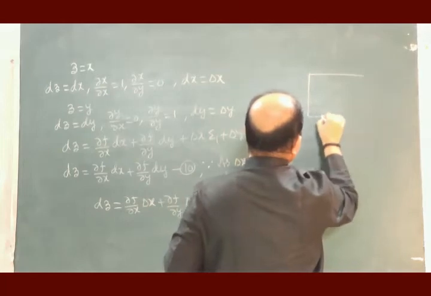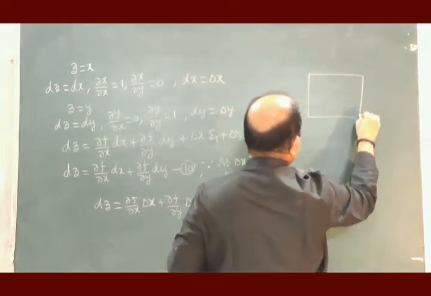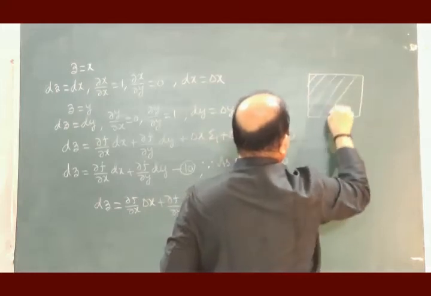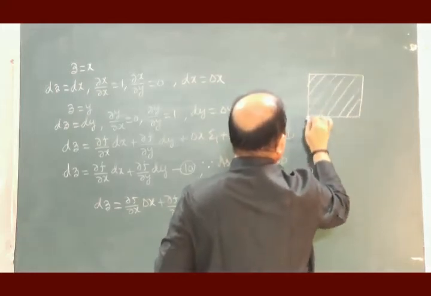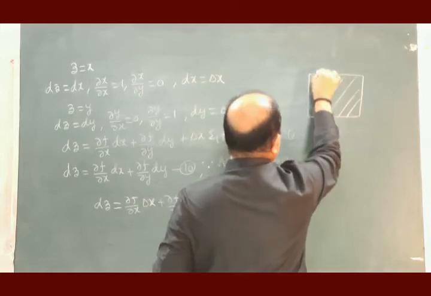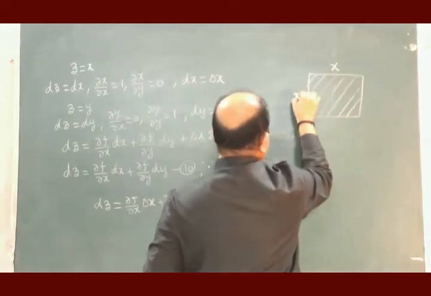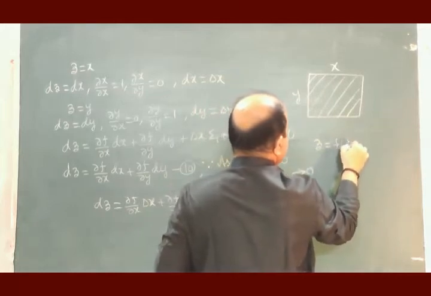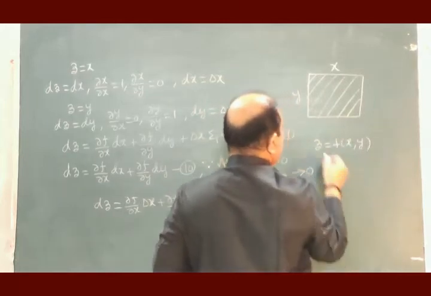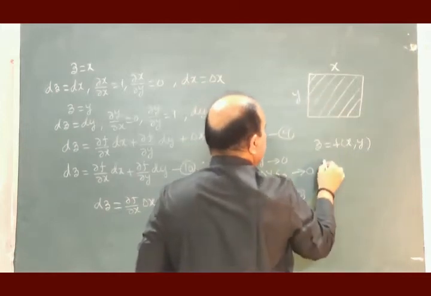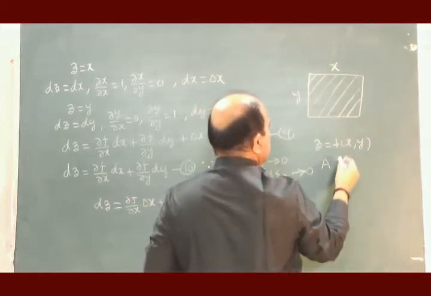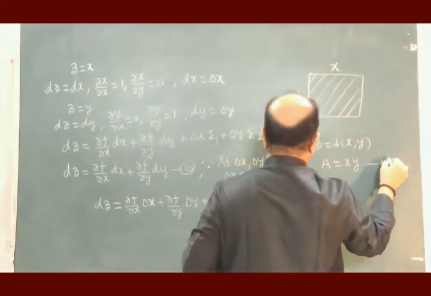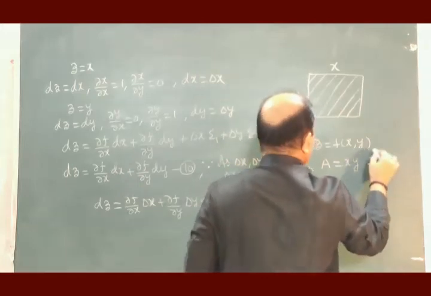Let us suppose that this is the rectangle, with sides x, y. Here, what is z? The area A of this rectangle, that is equal to x into y, equation number 11.